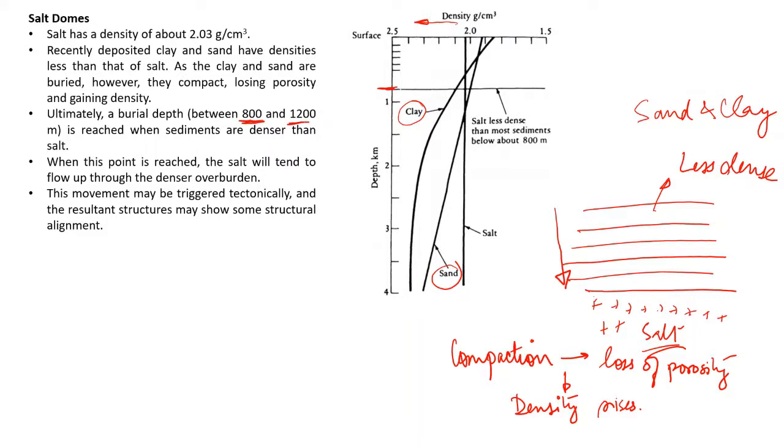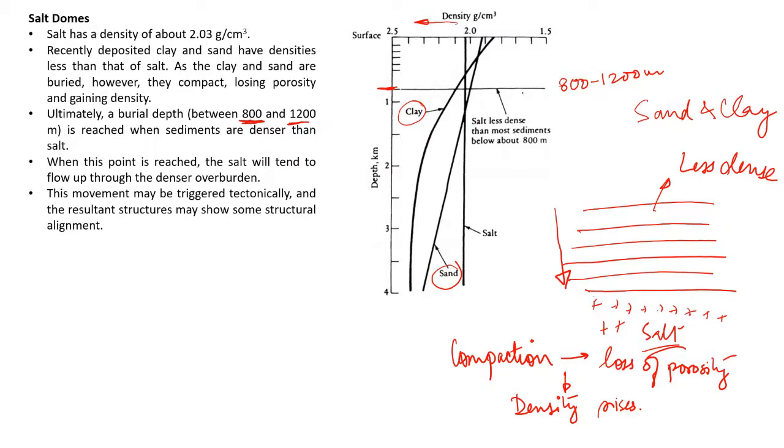Now, less than 1 kilometer depth, the density of sand and clay is less than the salt. But at a depth of 800 to 1200 meters, this density suddenly starts to increase.